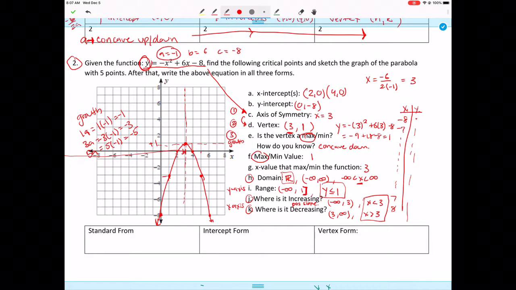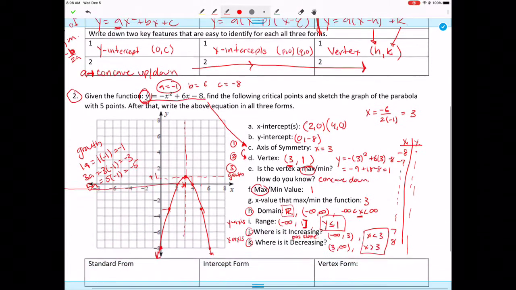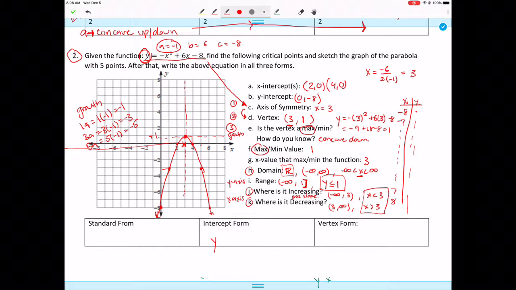So I feel like it's always easiest to do intercept form and vertex form first. So let's do intercept form. Intercept form, if you look up what you already memorized for our intercept form, it's y equals a. We already know what a is. A is -1.